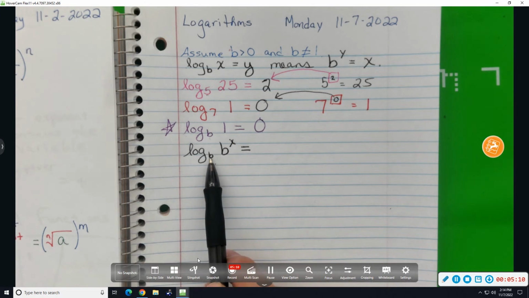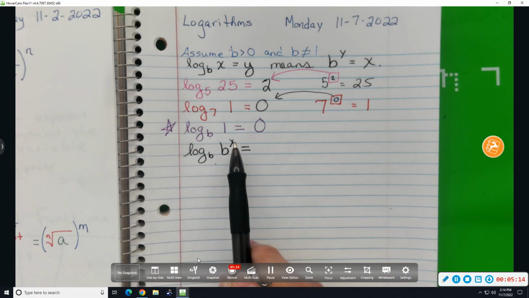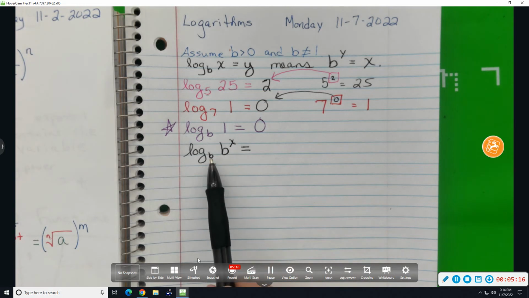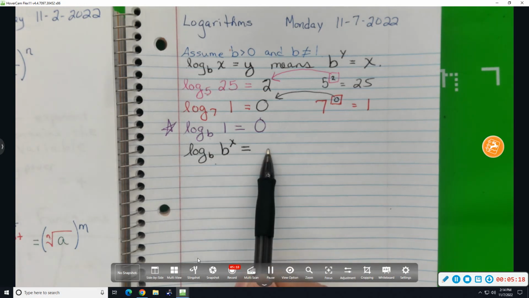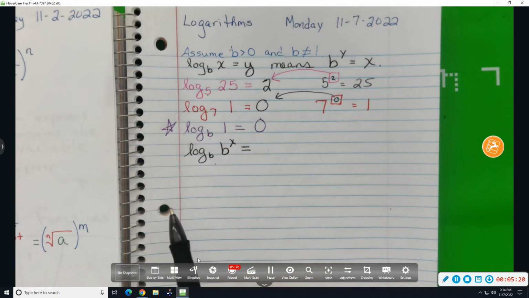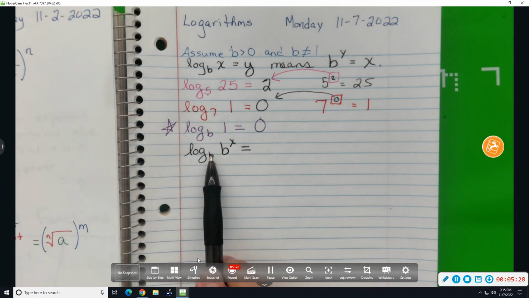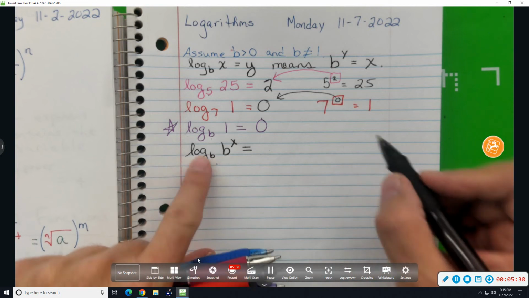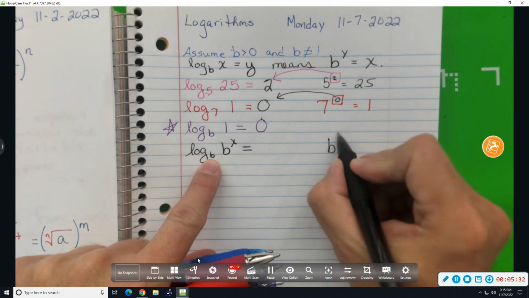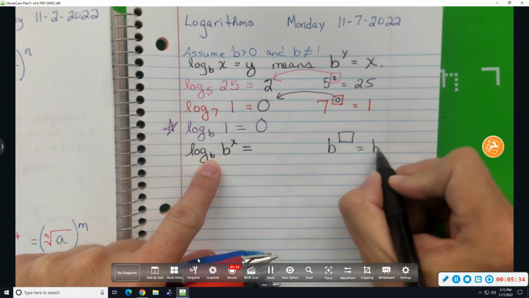What exponent do we put on this b in order to get b to the x? b to what power is b to the x? It's one of the letters here. It's okay. What exponent do I put on this b in order to get b to the x?